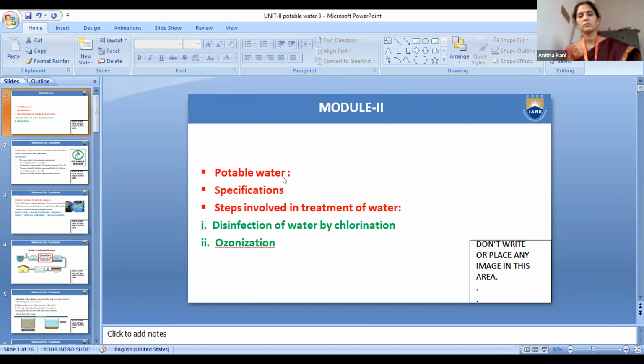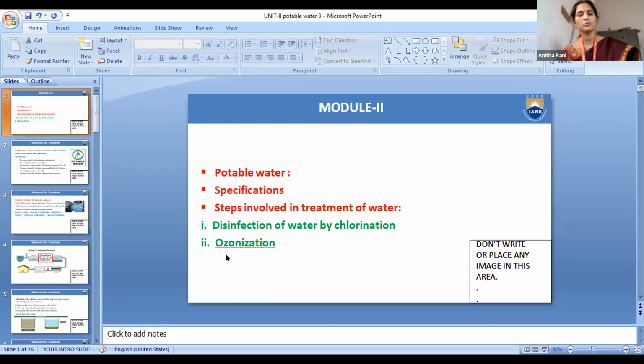Potable water. We will discuss specifications, and the steps involved in treatment of water.